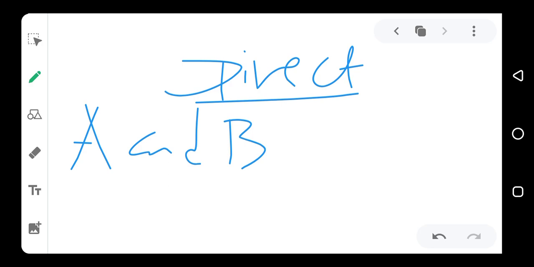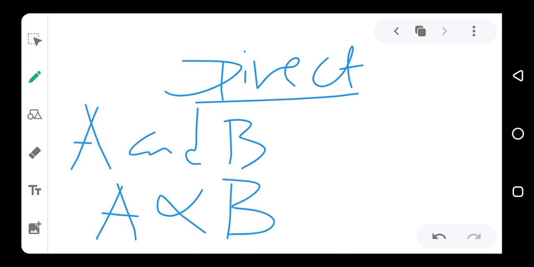In direct variation, if we want to state it mathematically, we say that A varies directly as B. This is a sign of variation, the symbol for variation or proportionality.